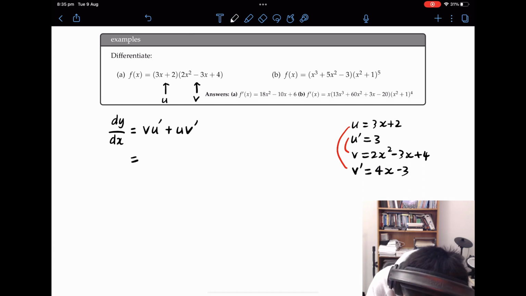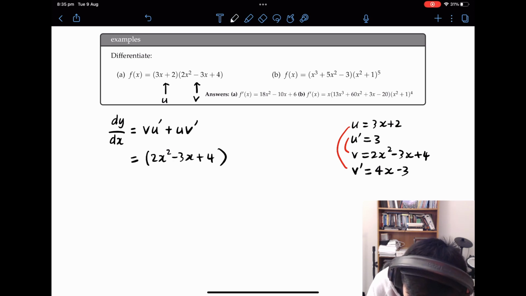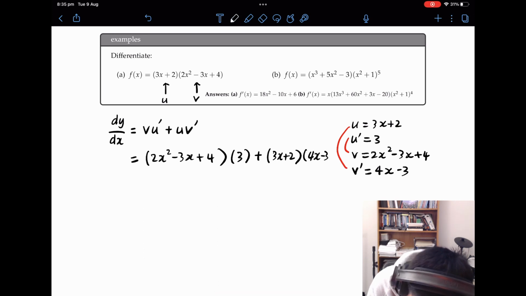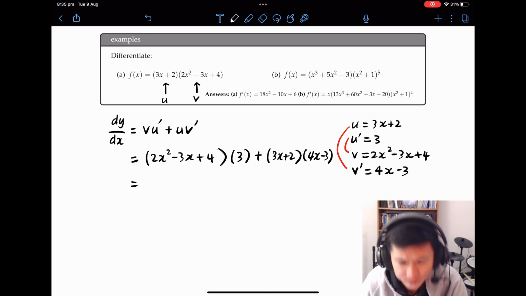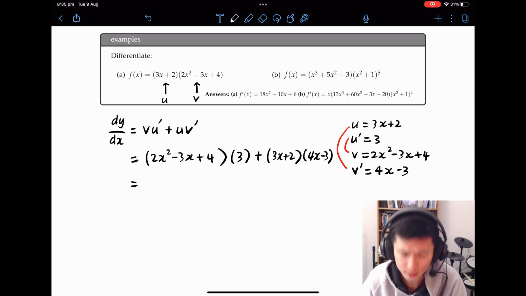So we've got 2x squared minus 3x plus 4, that's what V is, times U dash, and U dash is 3, plus UV dash, so plus 3x plus 2, and then 4x minus 3. You'll notice there that there aren't really any common factors, and so the only real way we can simplify this is probably by expanding.